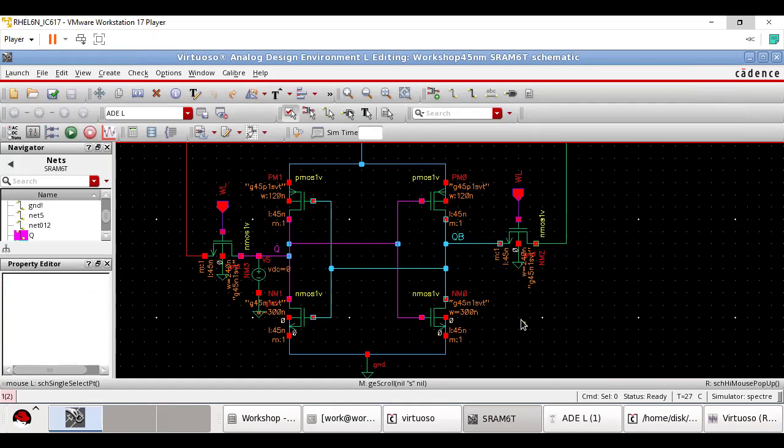SRAM cell is a very important part of digital VLSI design, because you cannot assume any device. When I say any device, I mean it. You cannot talk about any processor, any controller, any IoT based device which is without memory.